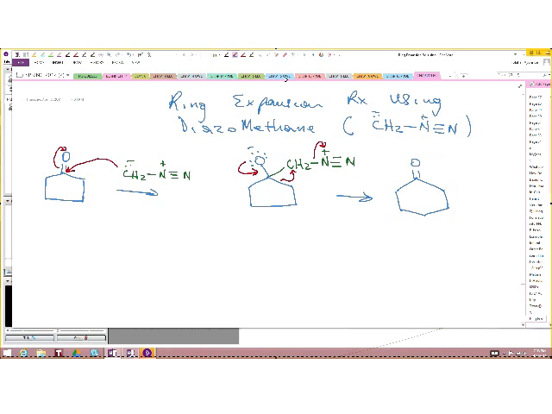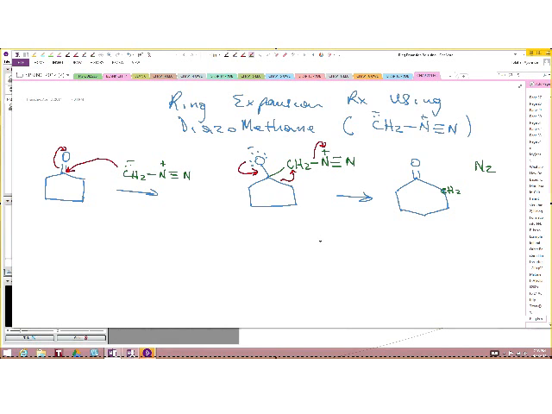Okay, so now you have this. And of course, one of these carbons here, this green here, plus nitrogen. So therefore, it is possible to expand your ring if you start with a cyclic ketone.